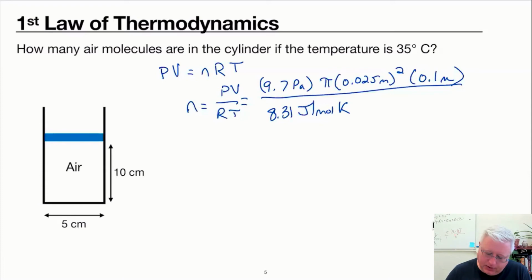And temperature. So we're given 35 degrees Celsius, but we're going to want to put this into Kelvin because Kelvin's the SI unit and we're not comparing anything. So we want to know an actual amount. So we have to use Kelvins here.